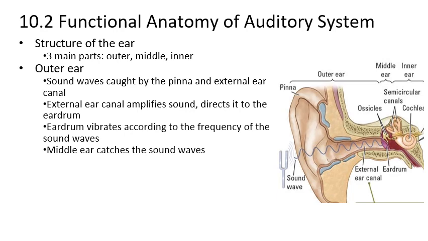The external ear canal amplifies the sound and directs it to the eardrum. The eardrum vibrates, so it's literally like a drum in the sense that it vibrates according to the frequency of the sound waves that are coming in, and the middle ear catches those sound waves.